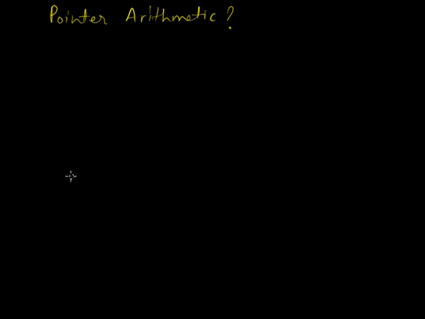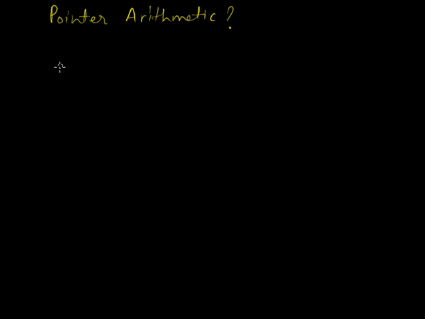Okay, now let us jump to another concept, pointer arithmetic. Now pointers are numbers, right? Addresses are numbers, and you can apply maths to numbers, right? So you can also apply arithmetic operations to pointers also, but there is a little difference.